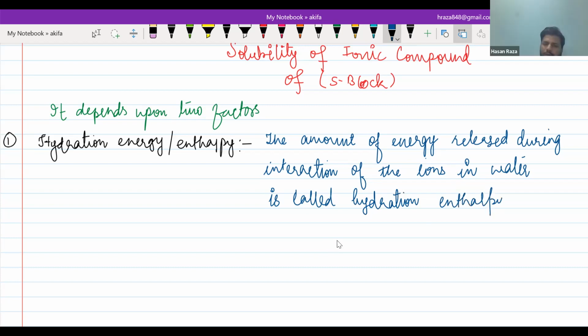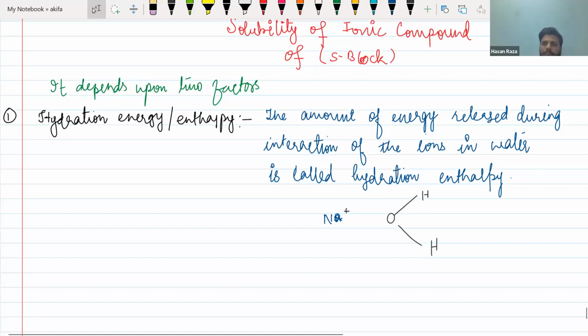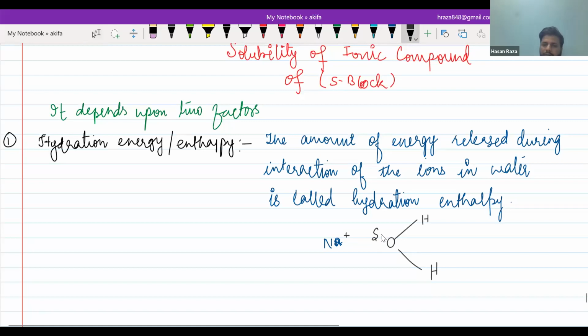So just suppose S block element, I am taking sodium, since we just dip sodium into water, so it will be converted into ions. And you know that water is basically polar in nature, so it will have some delta negative charge on oxygen.